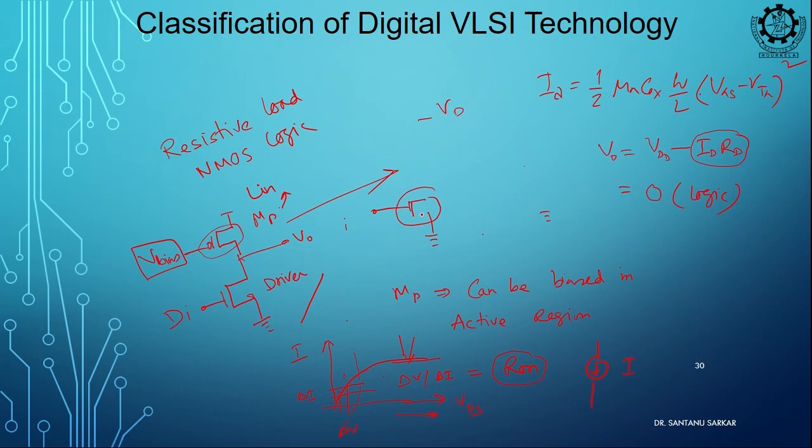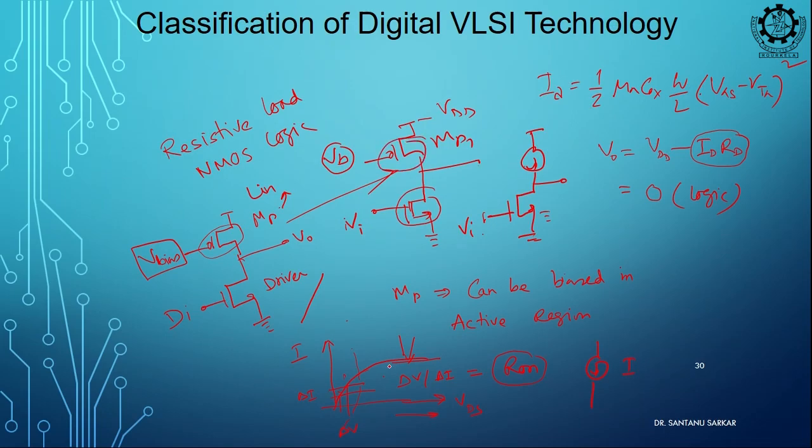Now, if I want to use this, I can use this VB so that this MP is in saturation, then this will be just like this circuit, is it not?